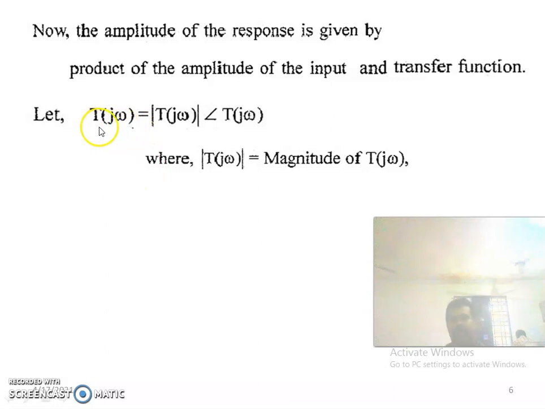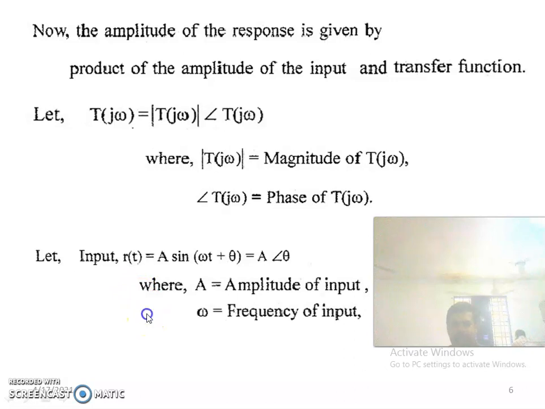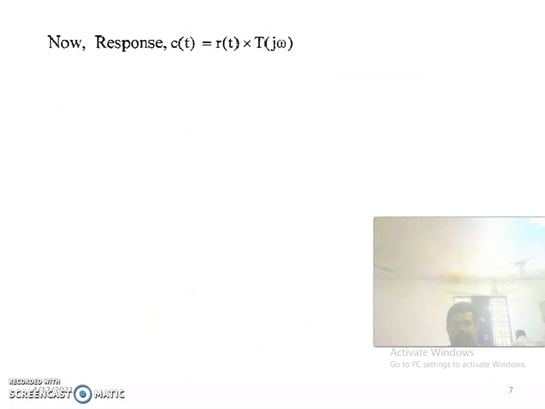T of j omega is the sinusoidal transfer function, with a magnitude and a phase. As already told, input R of t is A sin of omega t plus theta, where A is the amplitude of the input, omega is the frequency of the input and theta is the phase of the input. Now the response is R of t into T of j omega.